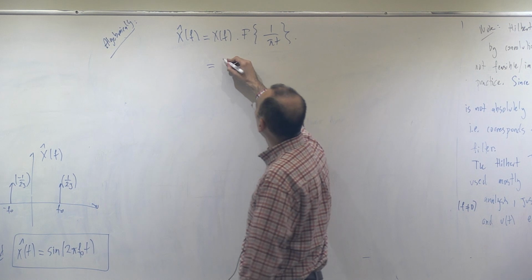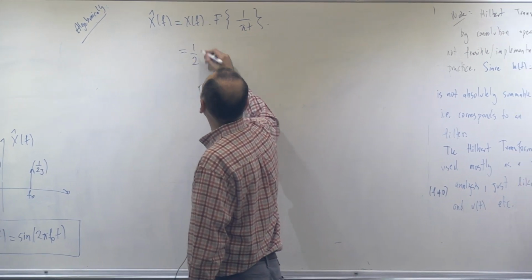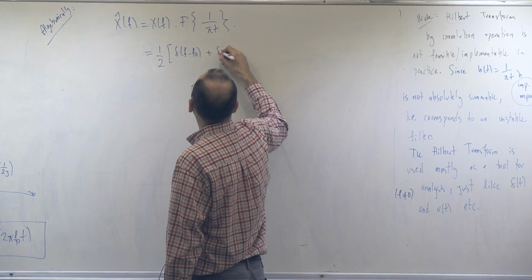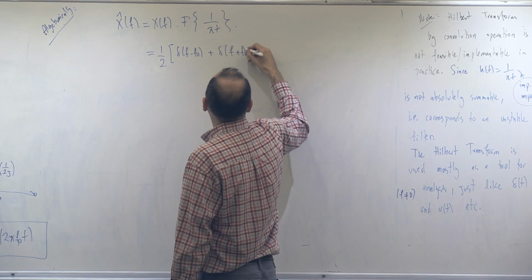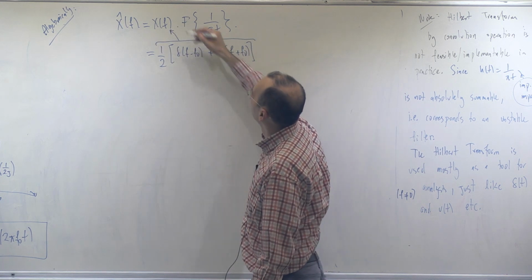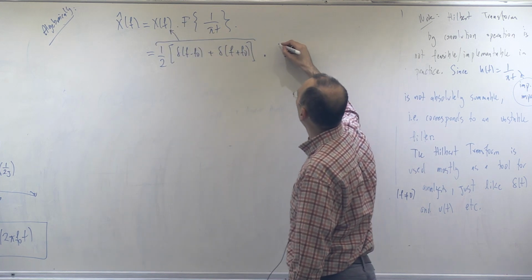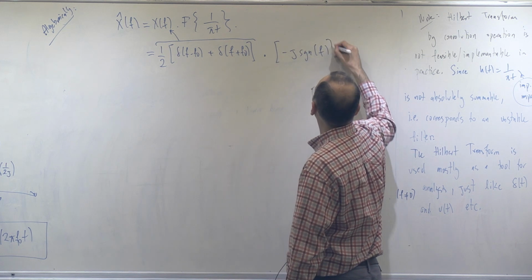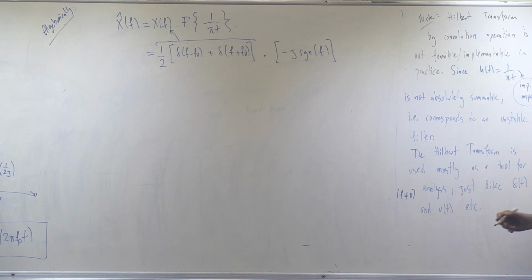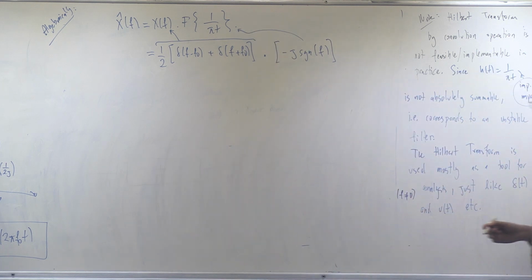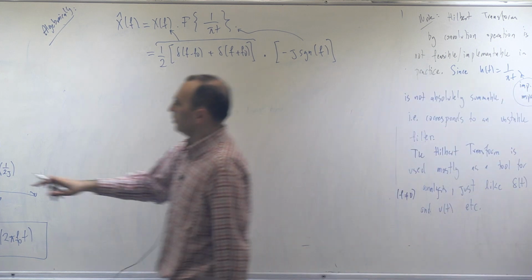So this one is 1 over 2 times delta f minus f naught plus delta f plus f naught. This is equal to this, and the other one is equal to this. So we are at this step.